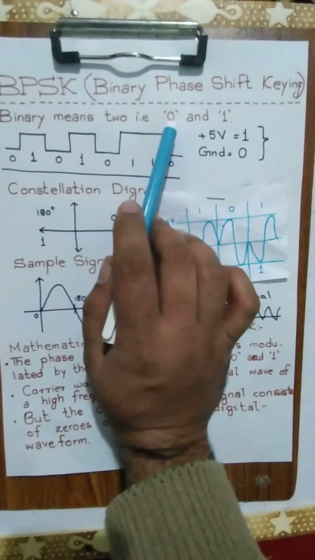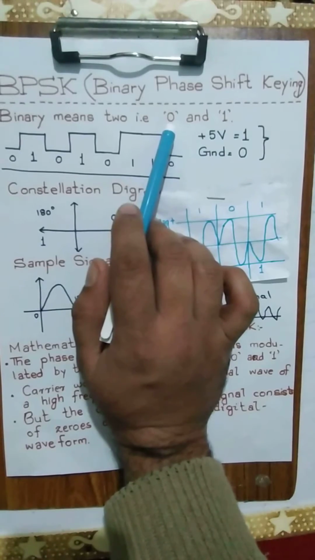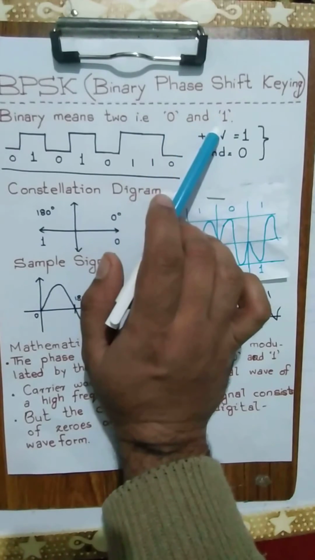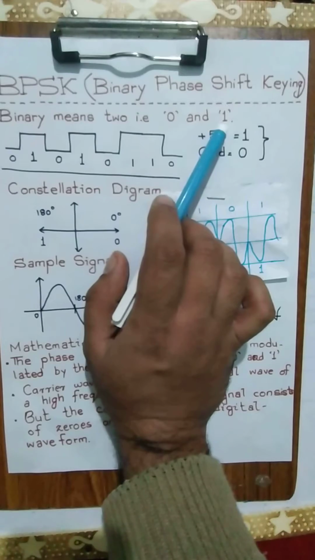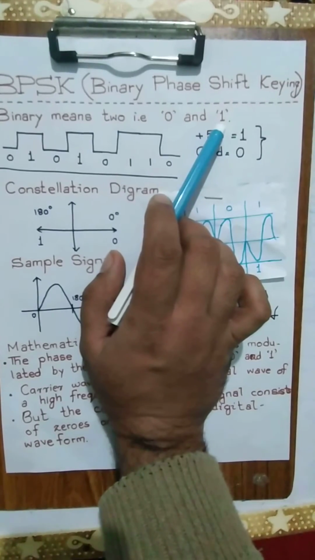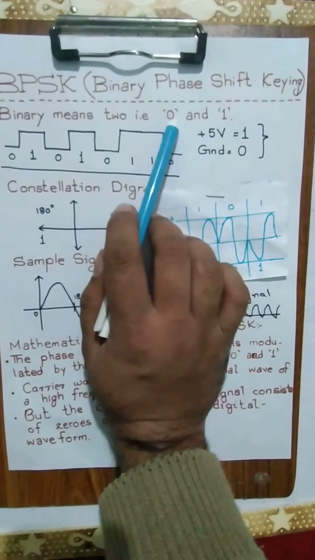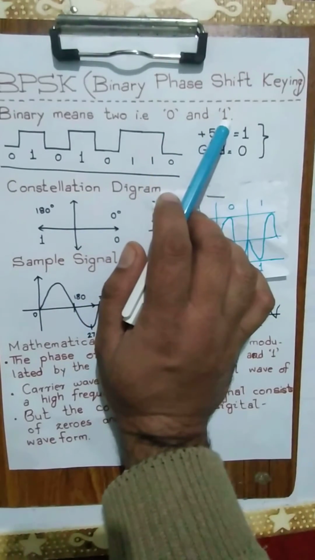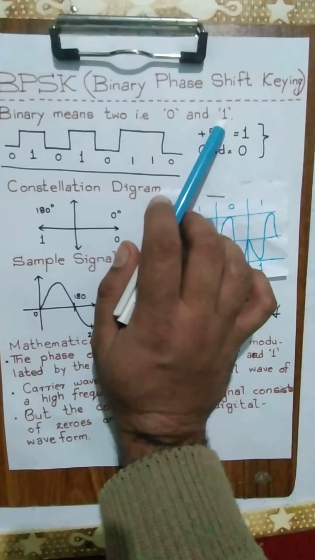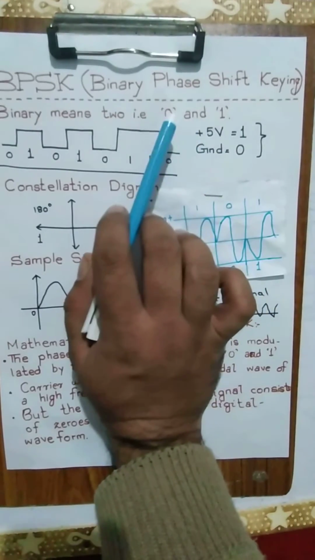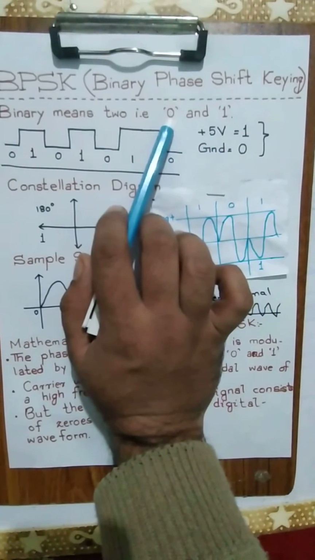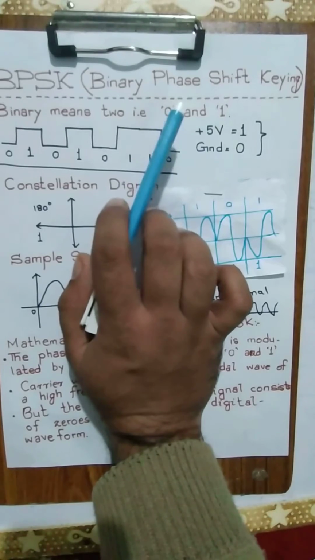Actually, in digital electronics or in digital communication, 0 and 1 are the two logic levels. You can also assume that if current flow is shown by 1, then current stop will be represented by 0.